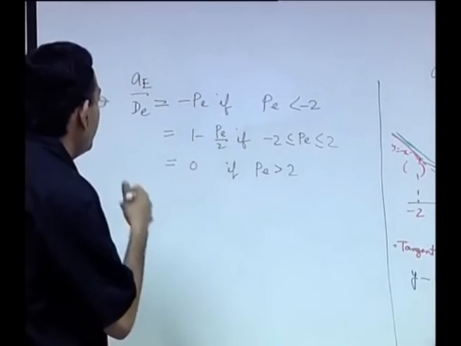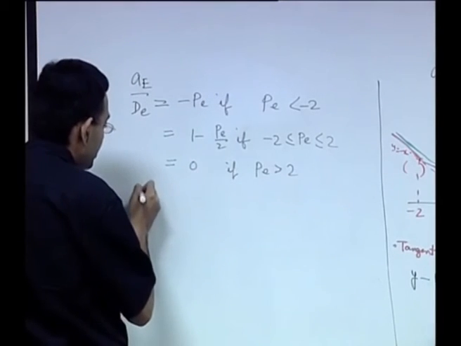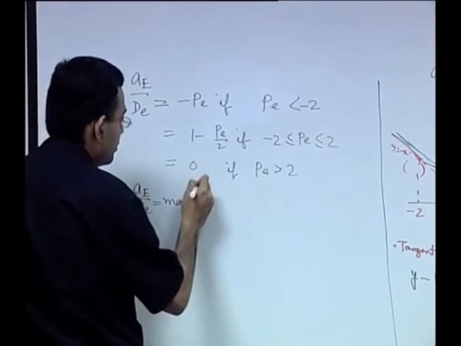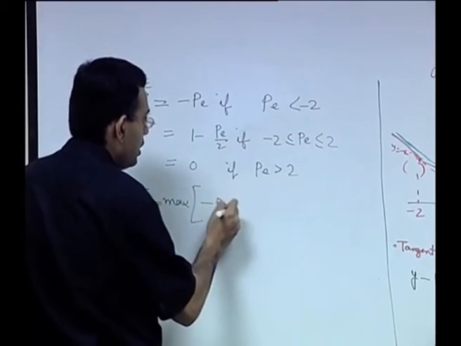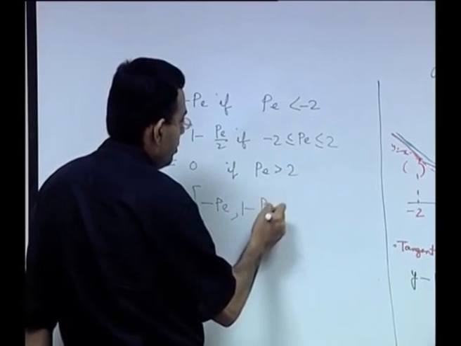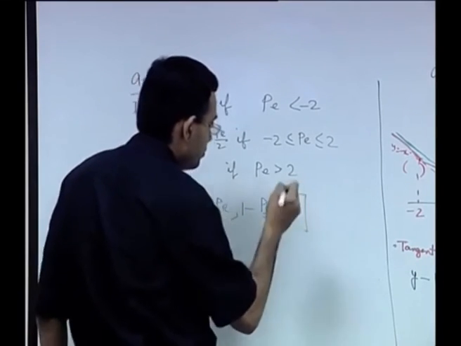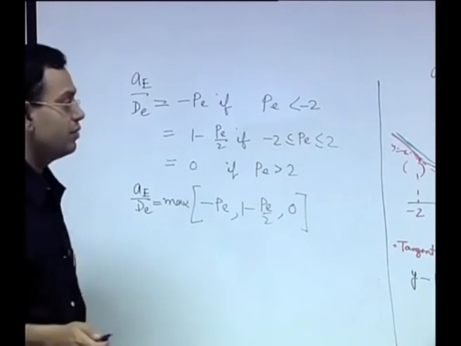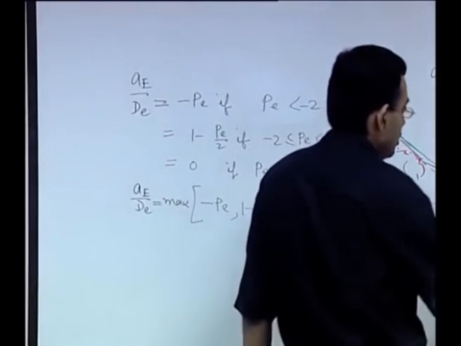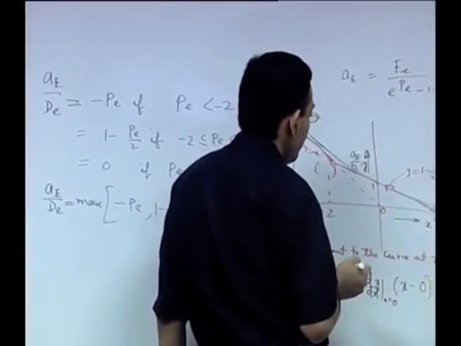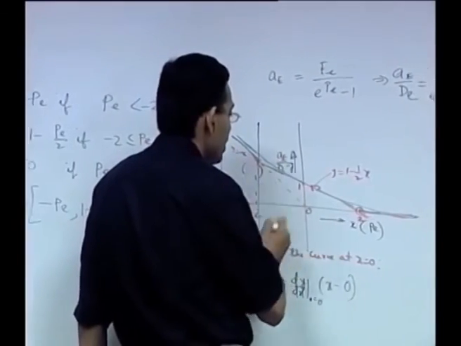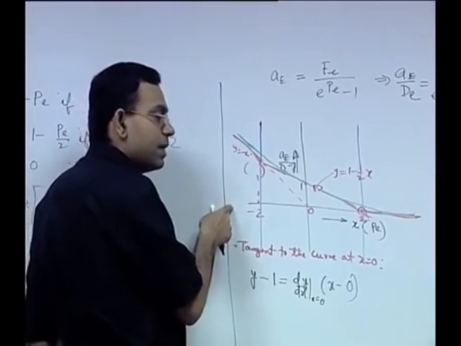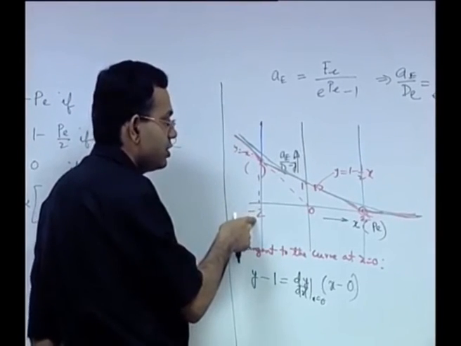So you can combine this together and write A by D is equal to max of minus P, 1 minus P by 2, and 0. How is it possible? If you look into this variation now, you can divide it into 3 parts. Consider the leftmost part, that is Peclet number between minus infinity and minus 2.